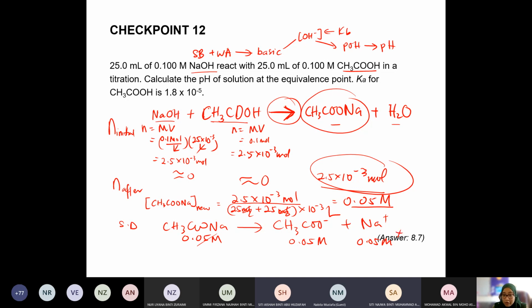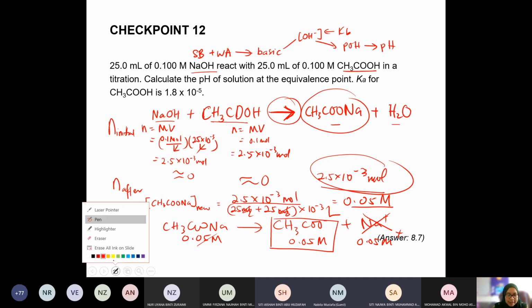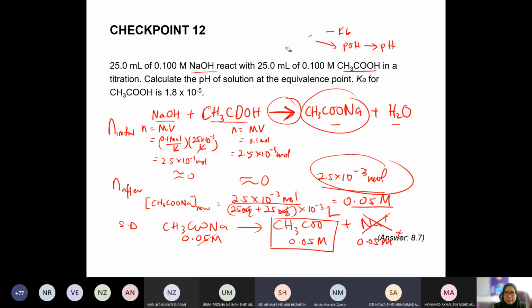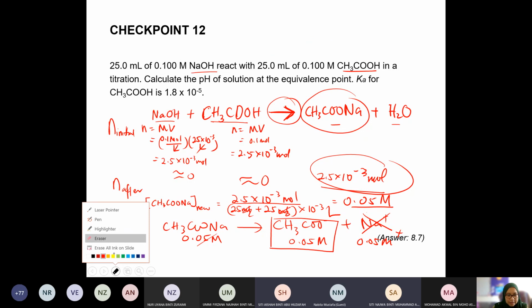Since this one will not be hydrolyzed, so kita abaikan saja. Okay, so we are going to be using this part. Nak conteng kat mana pula ni? Conteng kat atas ni. Okay, let's change to other color. Let's have green.